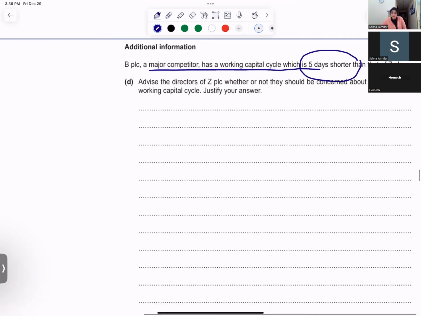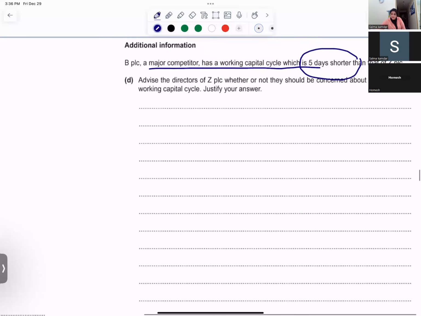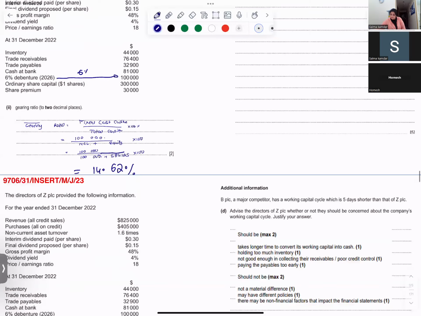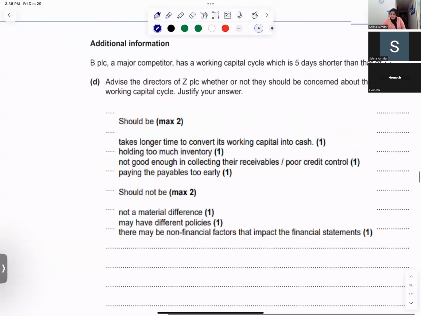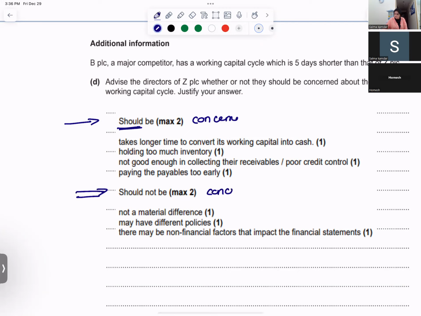You have to give 2 points that they should be concerned, 2 points that they should not be concerned, and 1 mark for advice.